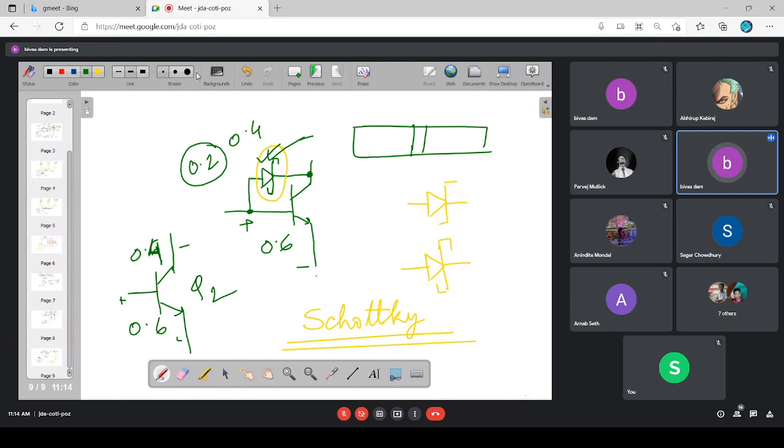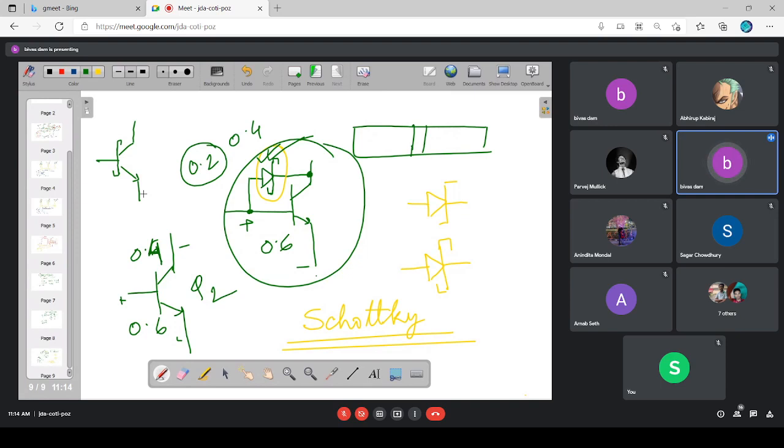Remember, I have not told you, this configuration is called a Schottky transistor, and this is the circuit symbol of the Schottky transistor.